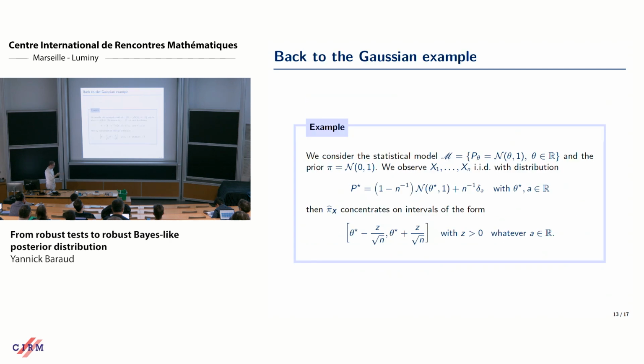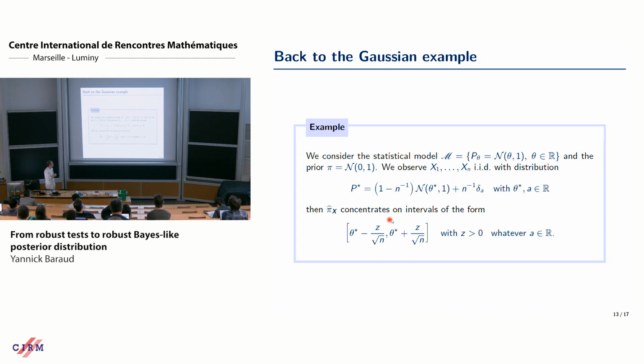Okay, so just for illustration, I go back to the Gaussian example I started from. I'm still in a situation where the model is slightly misspecified. I have contaminated my data set by a point A, which can be very far away from 0, or theta star. Most of my data are drawn according to a Gaussian distribution centered at theta star, and the number A can be very far away from theta star.